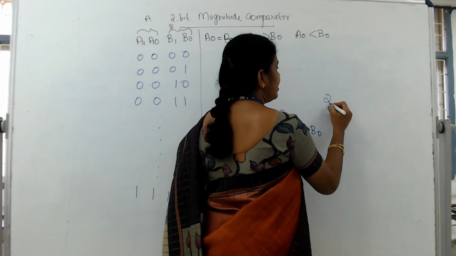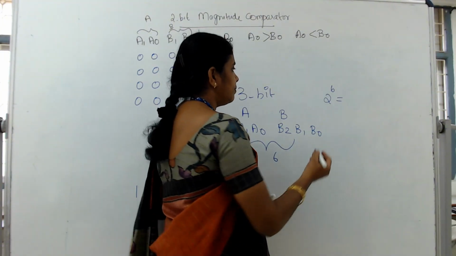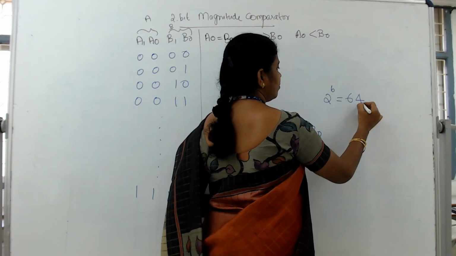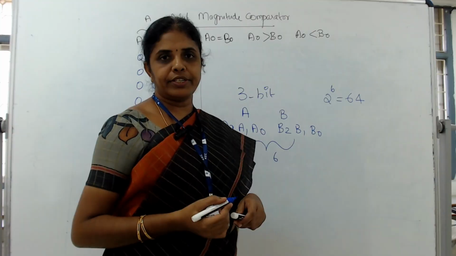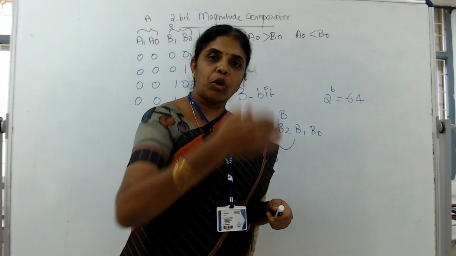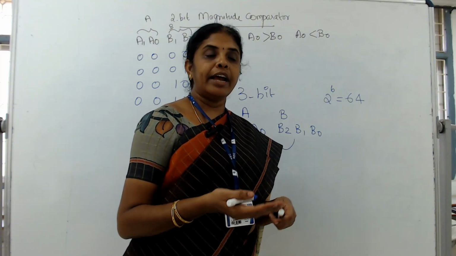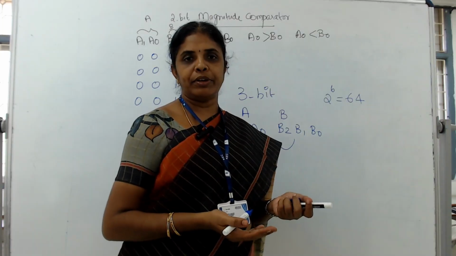So 2 power 6 is 64 combinations. Is it possible to write 64 combinations? Then you have to find the output equation and go for simplified equations.